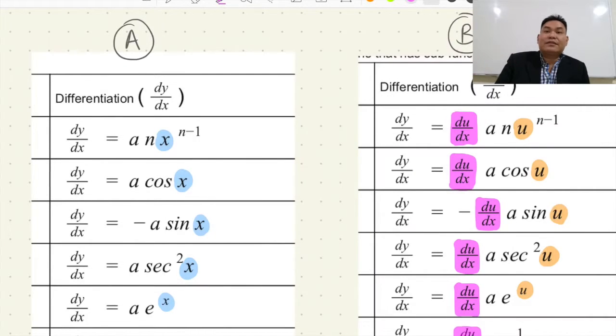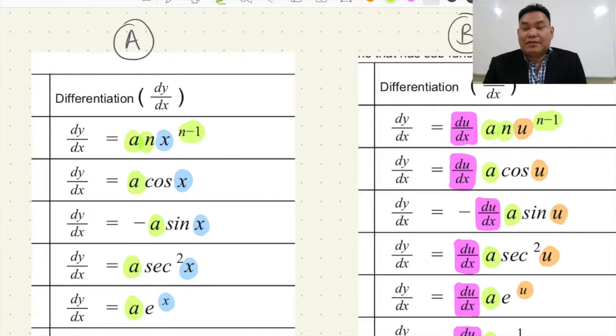So besides replacing x with u to turn it into formula group B, you must also multiply the formula with du dx, and du dx is the differentiation of u. About the constants, you still must put the constants a and n, and as usual, a and n must not contain any variable.